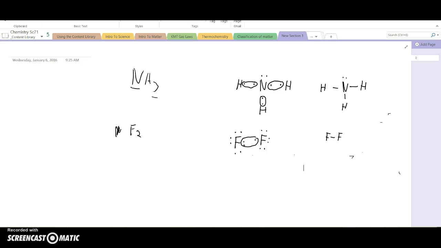That's important because, let's look at an example of something that's very important to all of us, O2, which is oxygen gas. So again, no central atom.